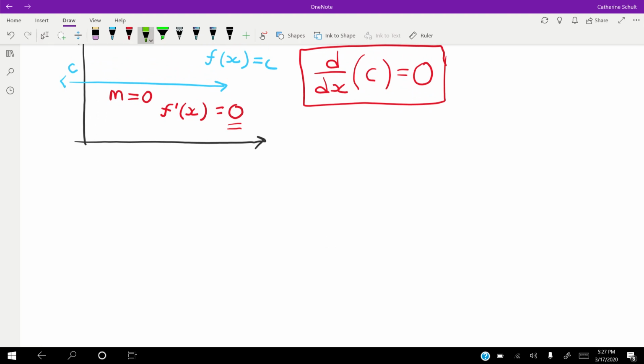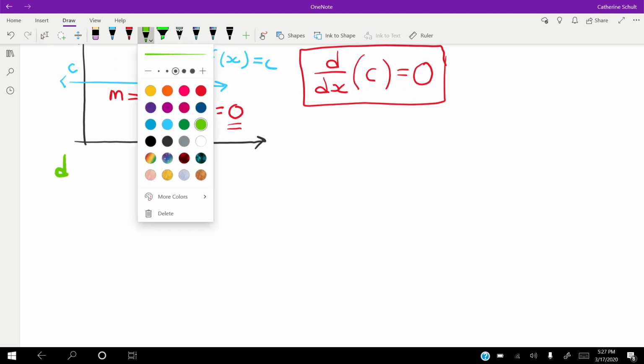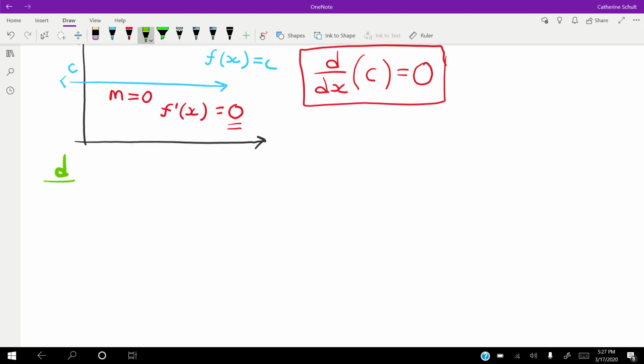All right, so here's what the proof would look like. Let's start, let me get a smaller pen stroke. Let's start with taking the derivative of a constant c. And according to 2.7, 2.8, that's the same as the limit of f of x plus h minus f of x divided by h.